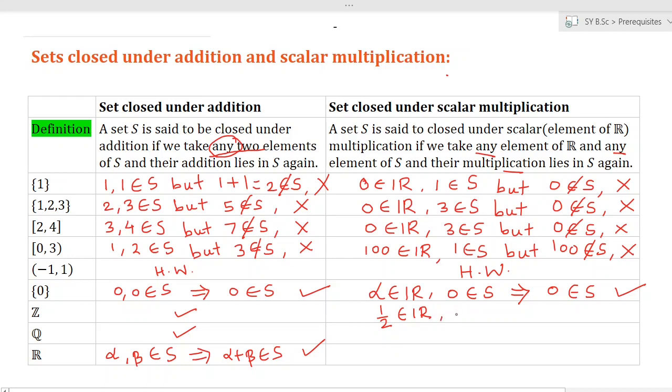If I take 1 as element of Z, you can see what is the product. Product is half, so that is not present in Z, right? So therefore this is not closed under scalar multiplication. Again, this thing will come by practice to you. Once you practice more examples, then you can easily understand whether the given set is closed under addition or closed under scalar multiplication or not.